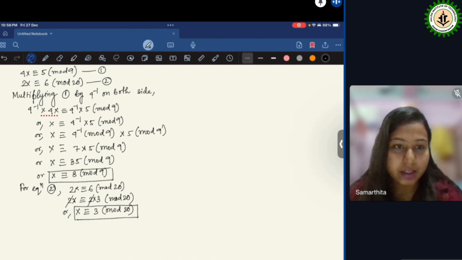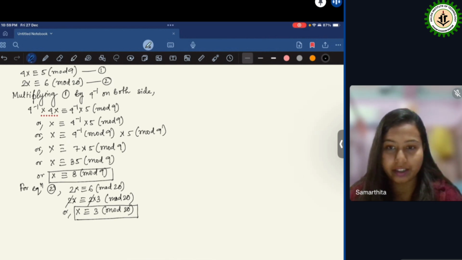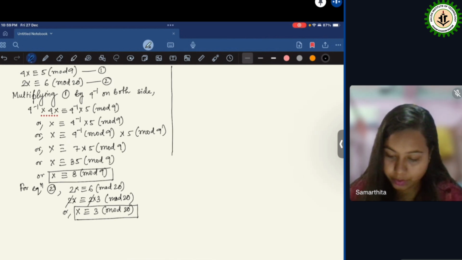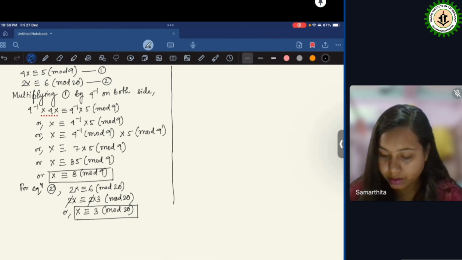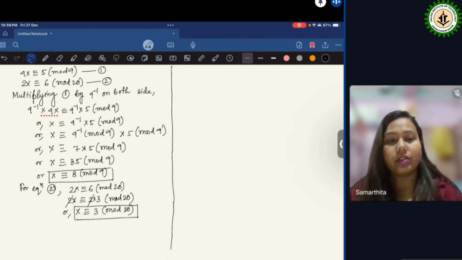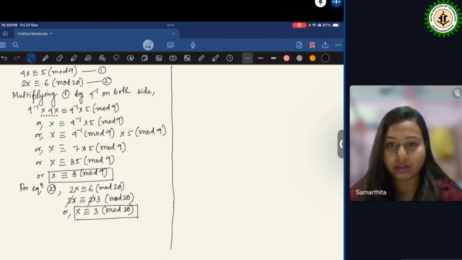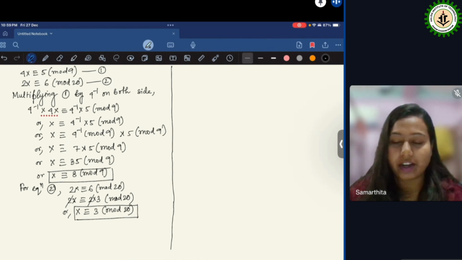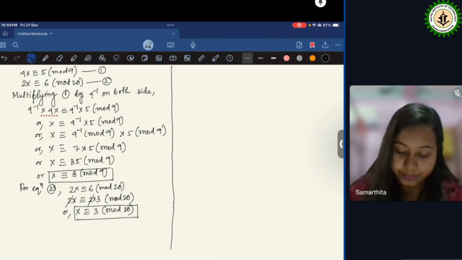So now it looks like our standard equation, right? So now we have to solve this. Okay, this is our first step. We just need to arrange the given equations to see exactly how they look like our standard equation of the Chinese remainder theorem, right?